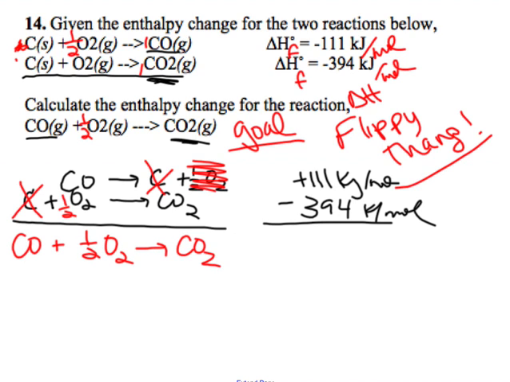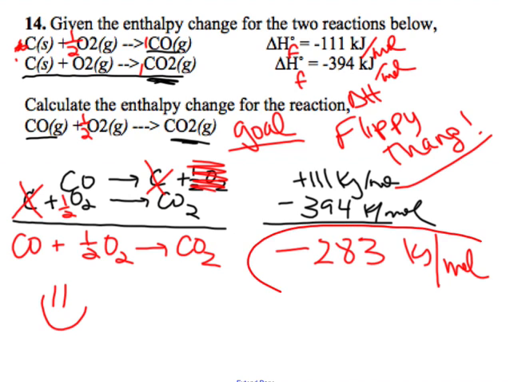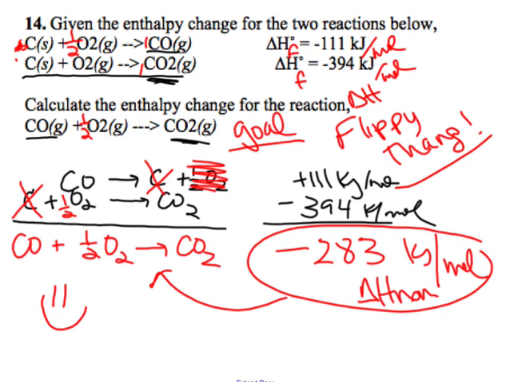Is that our goal? Yep, that's our goal. So now, because we added those equations up, we can now just add our numbers up. That will be the delta H of our overall reaction, which is minus 283 kilojoules per mole. And that is our heat of reaction for this bad boy.